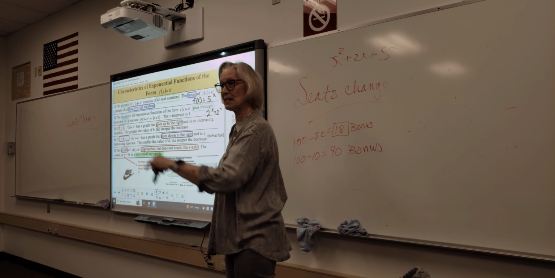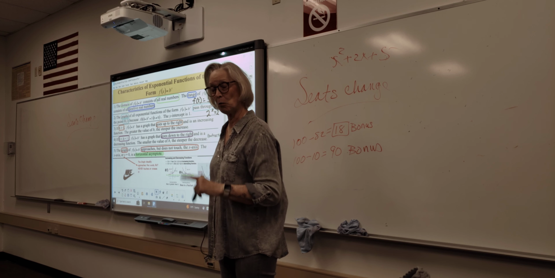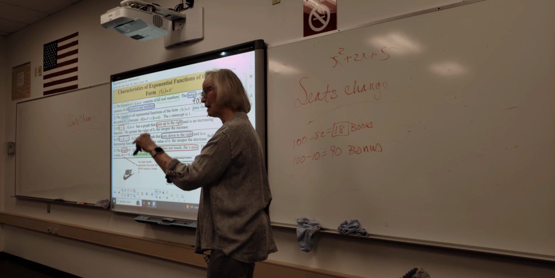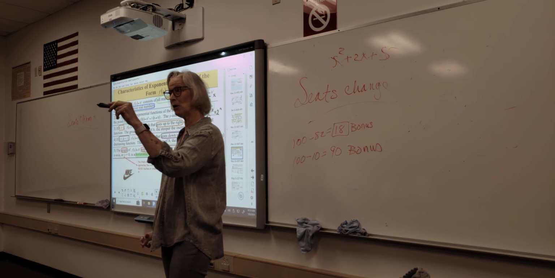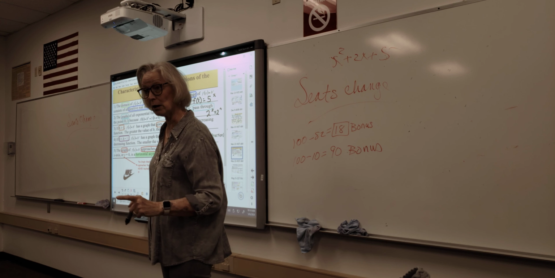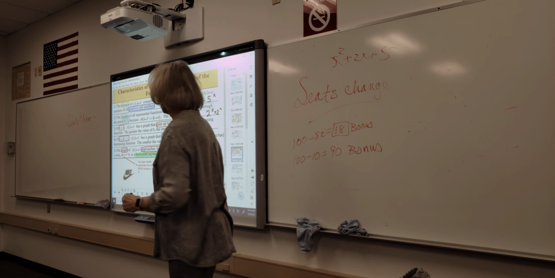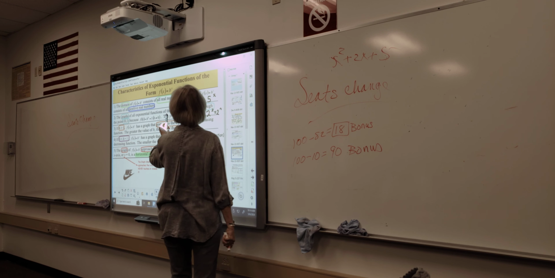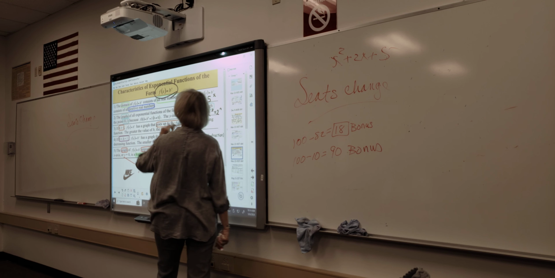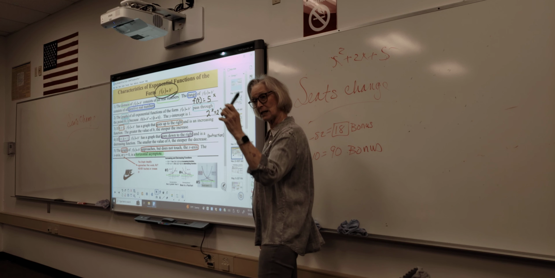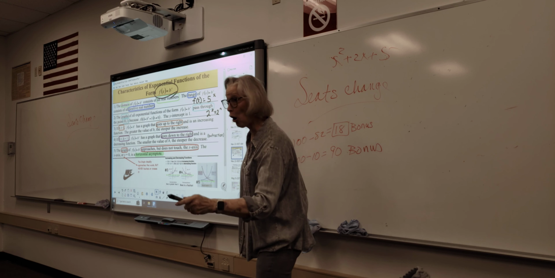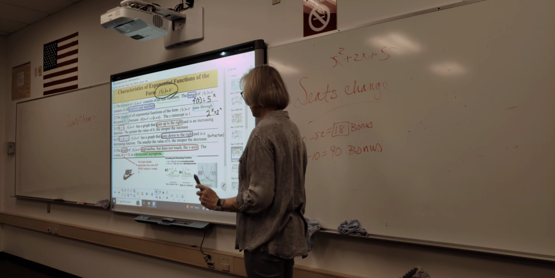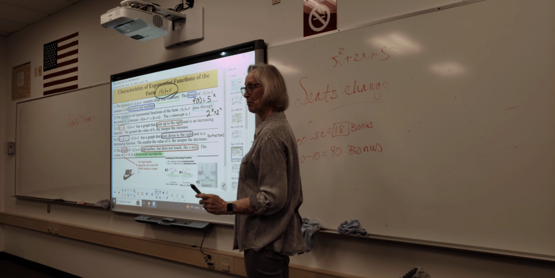What's 5 to the 0 power? 1. Anytime I put in a 0 and my exponent is a variable, I'm always going to get a 1. So all your graphs, when it's of this form, where you just have a base to the exponent of an x, will always go through the point (0, 1).